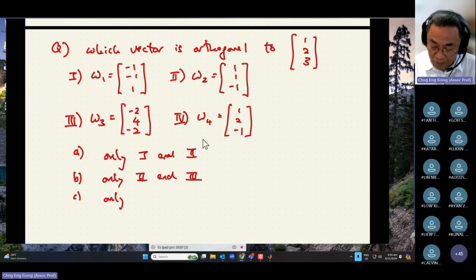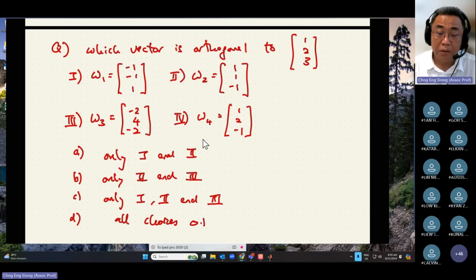Only 1, 2, and 3. All choices are okay. So you have to be very careful. You look at this and it says -1, -1, 1 is of course orthogonal to this one, right?